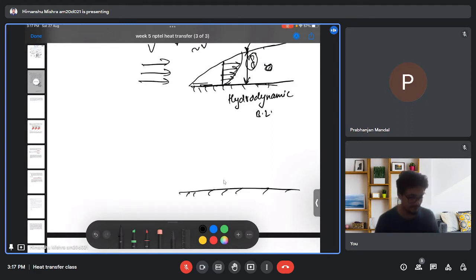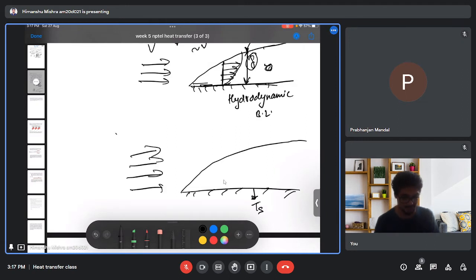So again, I have a flat plate. And let's say the wall is at temperature Ts, and the flow which is coming from the left has the temperature T infinity. Now since Ts is not equal to T infinity, the temperature of the flow coming from the left is way different than the temperature of the wall.